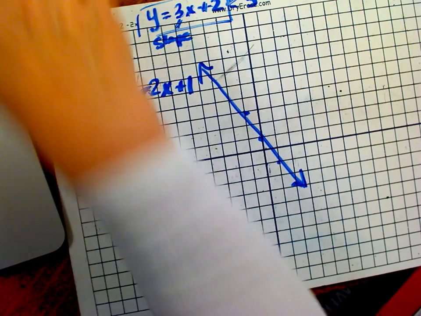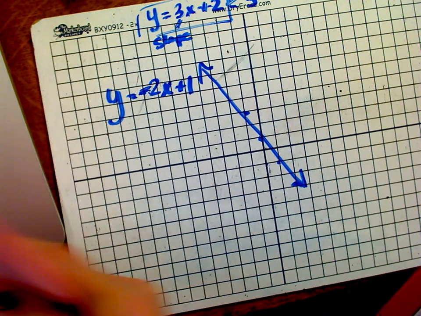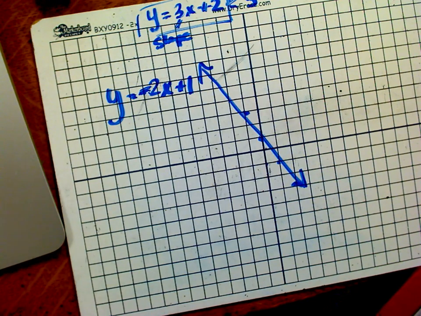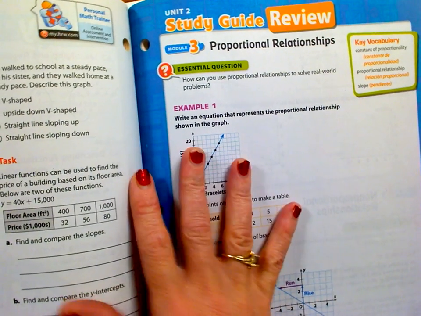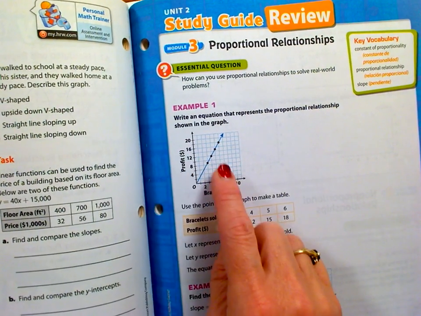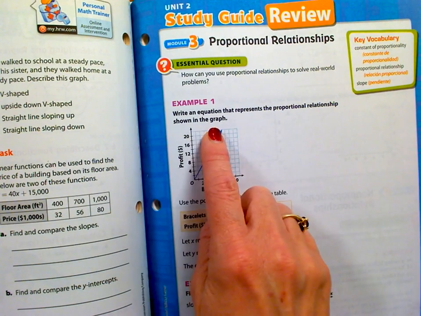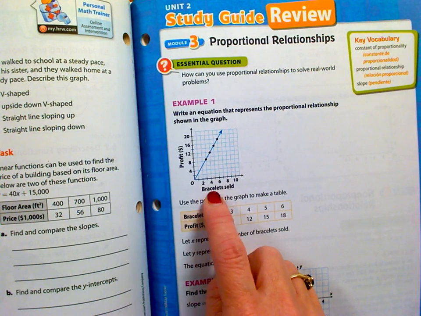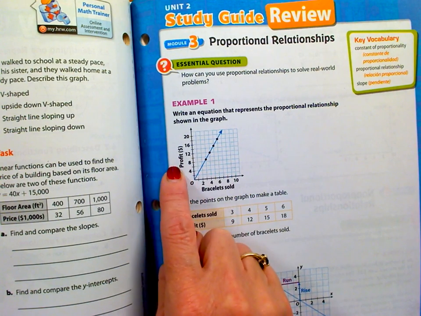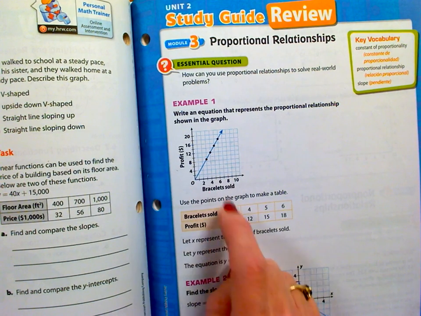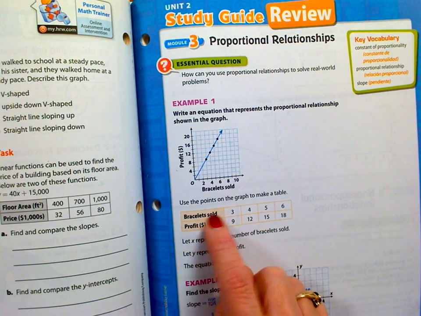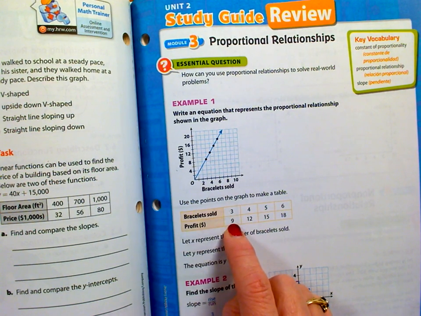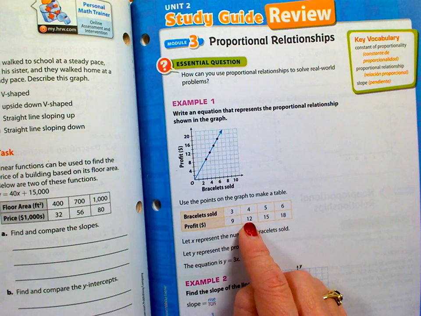Now, this is what you're going to be doing today. You will see, let me show you another situation. What you're going to see also is an equation that might not have a y and an x. Now, you're not going to work in a book, but I want to show you this example. Write an equation that represents the proportional relationship shown in the graph, bracelets sold and your profit. It's looking like 3 bracelets is $9, and so 4 bracelets is $12.